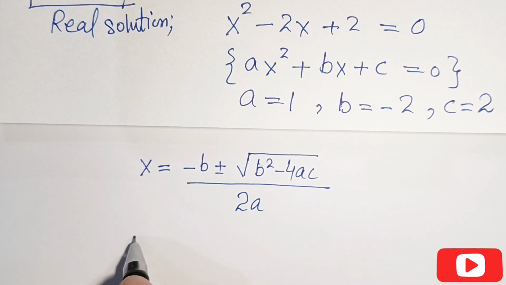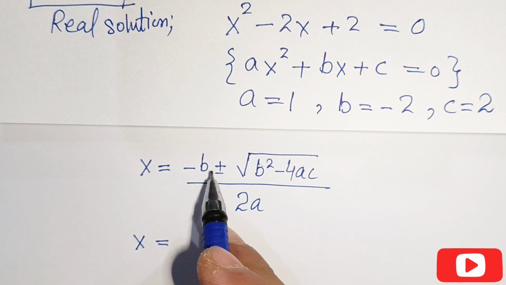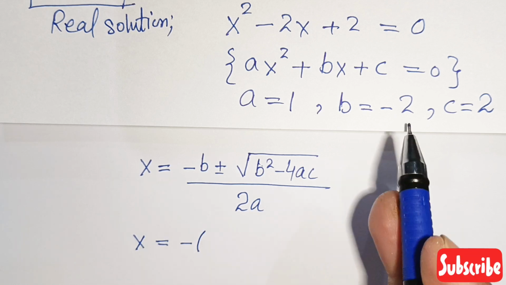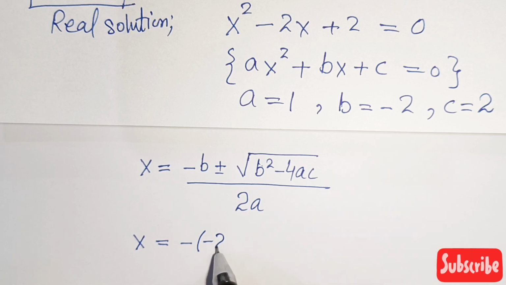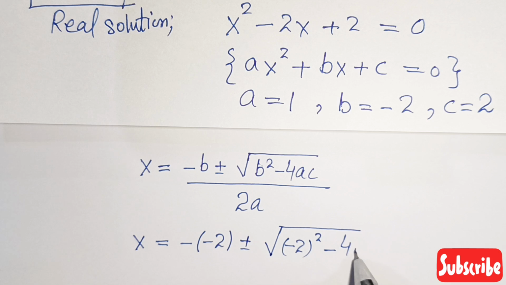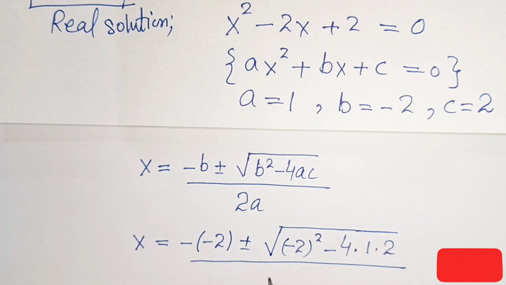Now putting the values of a, b and c: minus b is minus of parenthesis b, which is minus 2, plus minus square root of b squared, which is minus 2 whole squared, minus 4 times the value of a, which is 1, and the value of c is 2, so 4 times 1 times 2, all over 2 times a, and a is 1.